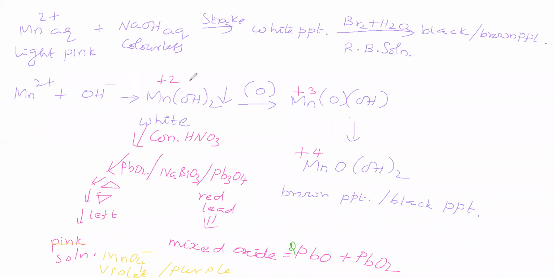That means to this we add concentrated nitric acid and proceed, and why can't we get this permanganate purple? Sir, why have we not done like this? That we will see. Okay.